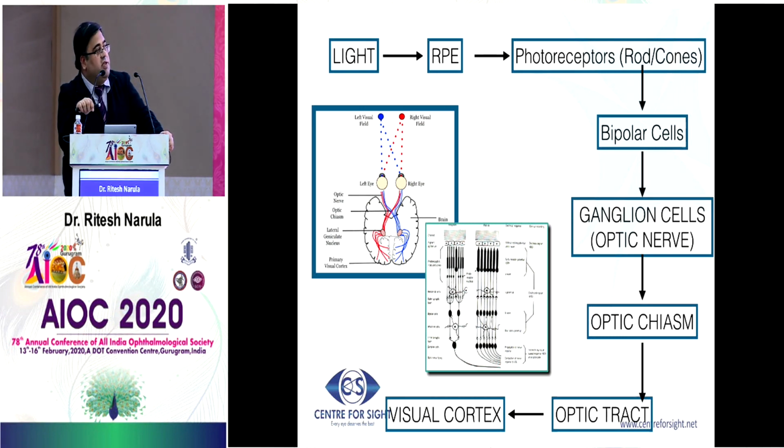If this pathway is disrupted anywhere on this line, the signals further along will not be there. So if a test checks for photoreceptors and the signal is broken after the photoreceptors, all the other tests which are checking for bipolar and ganglion will come out abnormal. Okay, so it's a serial pathway. You can't have any bypasses in this pathway.